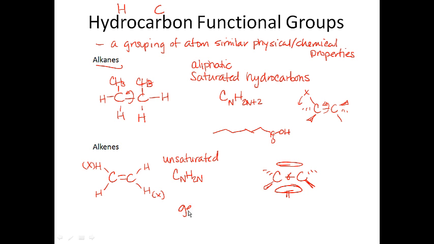And that leads to the idea of double bonds having geometric or cis-trans isomers. For alkanes, we have different stereoisomers, but the different 3-dimensional structures are all interconvertible, and we'll talk about that after we talk about naming, for the remainder of this week.